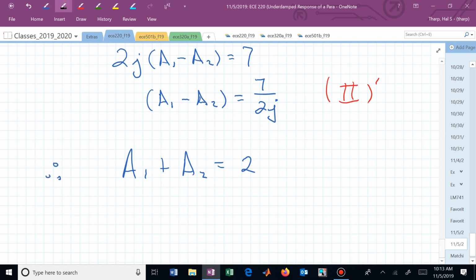And I have A1 minus A2 equal to, should I put the J upstairs? Can I multiply by 1? J over J, so that I now have this is now minus J 7 over 2.